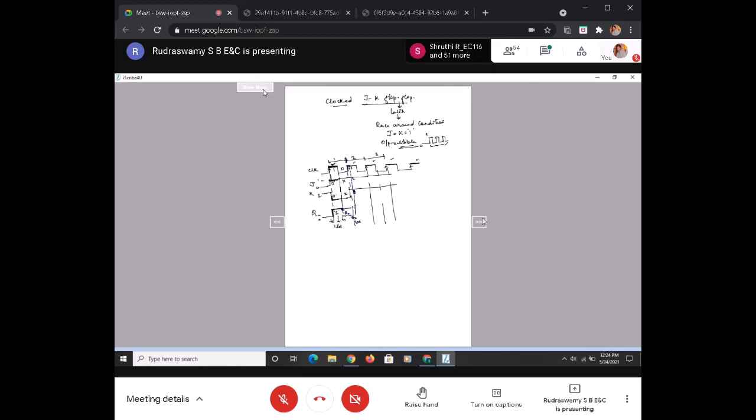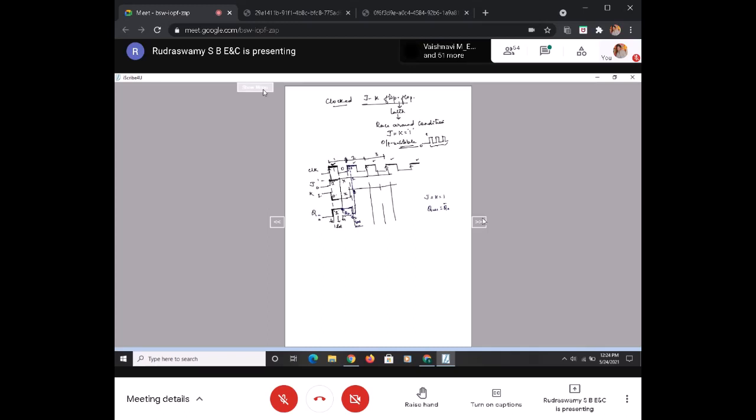So my output Q, when J and K are equal to 1, Qn plus 1 should be the complement of the previous. This is what the truth table says, right? So it will go from high to low. But after T2 plus delta, since the latch is level sensitive, until my clock is 1 the flip-flop is enabled and sensitive to this clock.